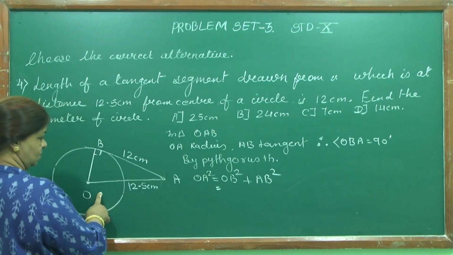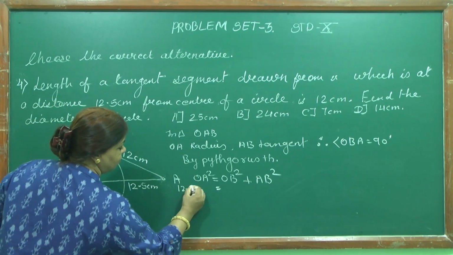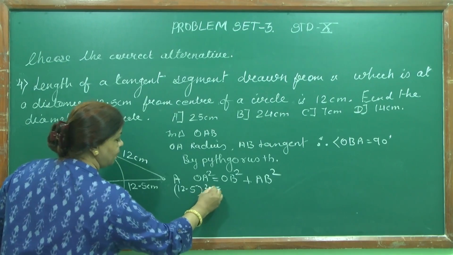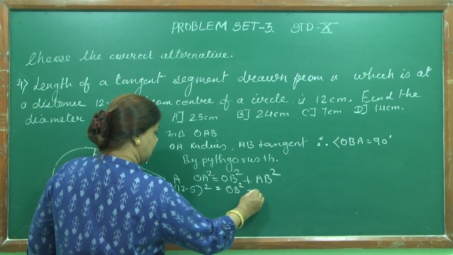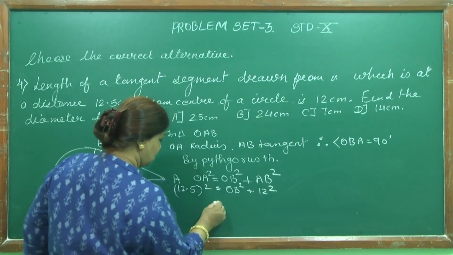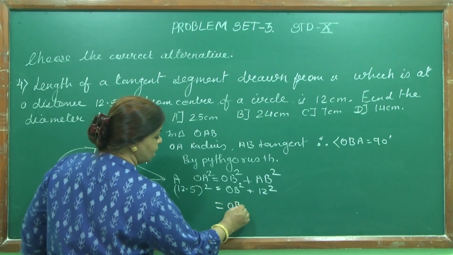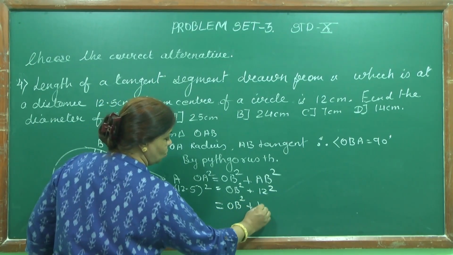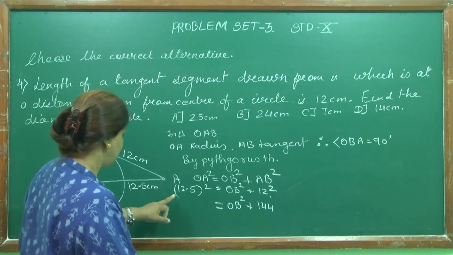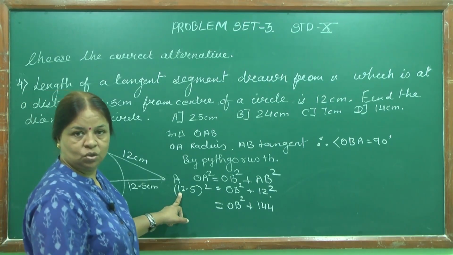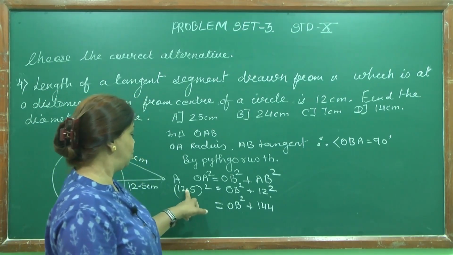OA is 12.5 centimeters square. OB we need to find out, plus AB is 12 square. The square of 12 is 144, and we want to find out the square of 12.5.